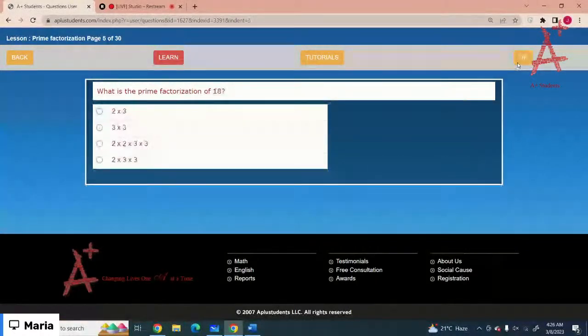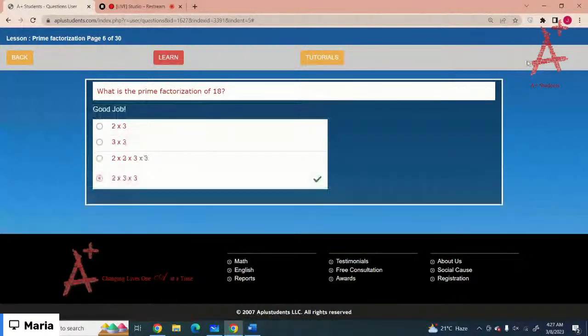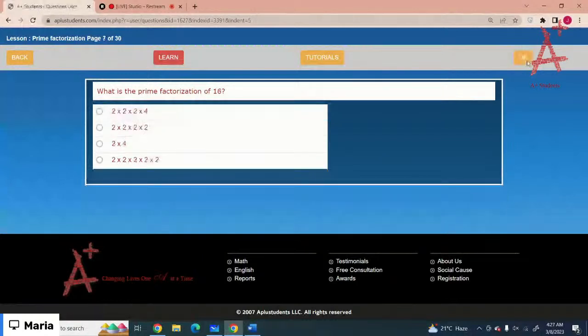Okay, what is the prime factorization of 18? The prime factorization of 18 would be the last one. 3 times 3 is 9 and 9 times 2 is 18. Got it? Okay, the next one is what is the prime factorization of 16? So which is the correct option?